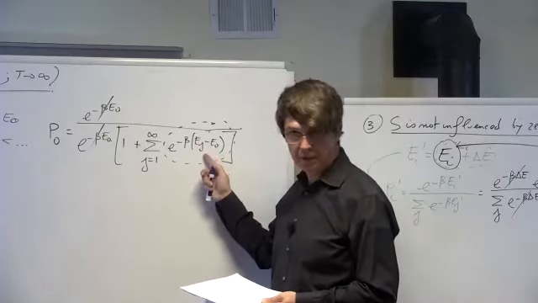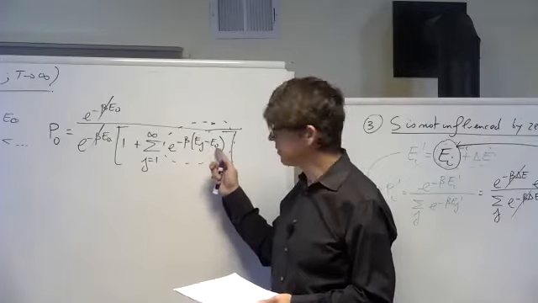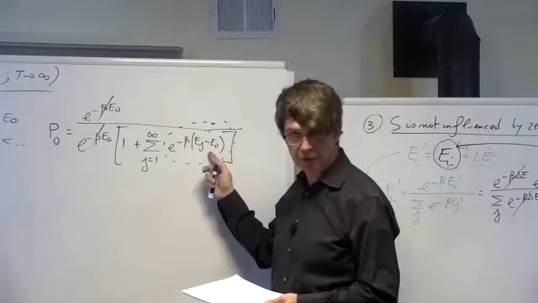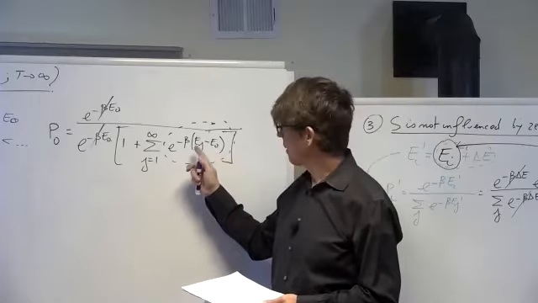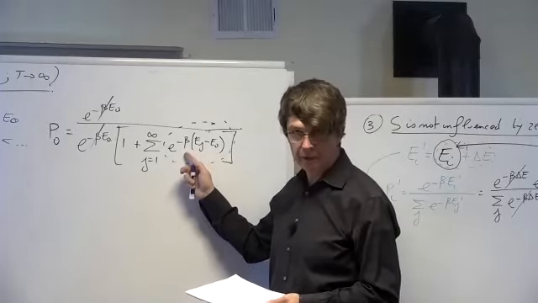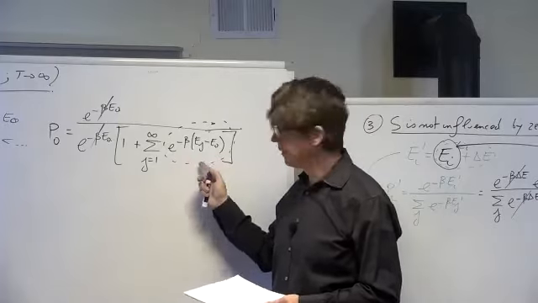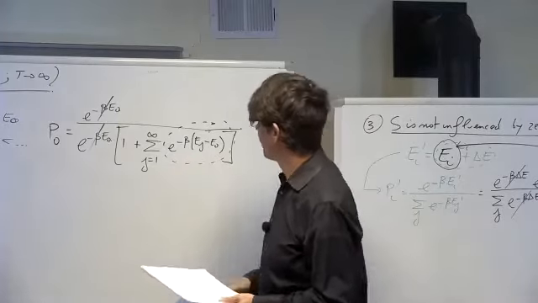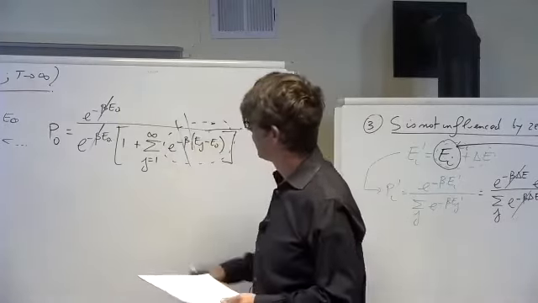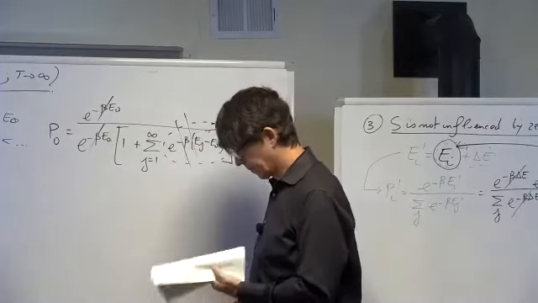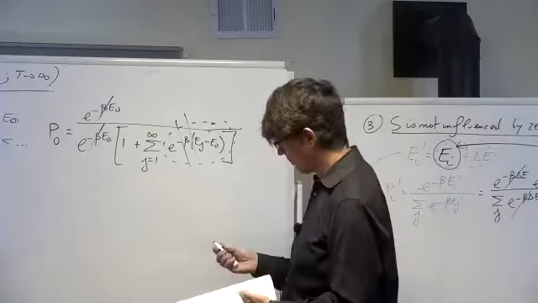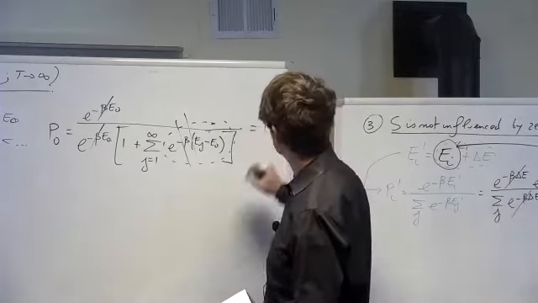These are by definition a positive quantity, right? Because E0 is the ground state energy, it's the lowest energy. So Ej minus E0 is positive. I'm multiplying by an infinity. So this is e to the minus infinity. So these terms all die, right? So I'm just left with the 1. So the probability is 1.